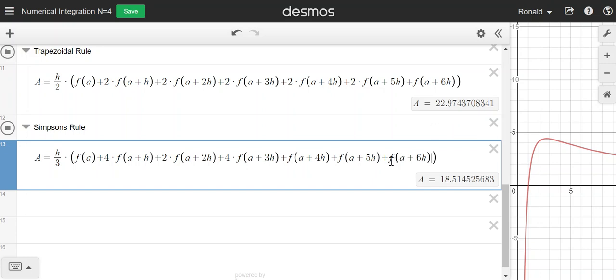Now what I like to do is go back and adjust my coefficients. We started with 1, we have a 4, 2, 4. Now this needs to be multiplied by 2. And then this one needs to be multiplied by 4. And then the last term is just going to be a 1.